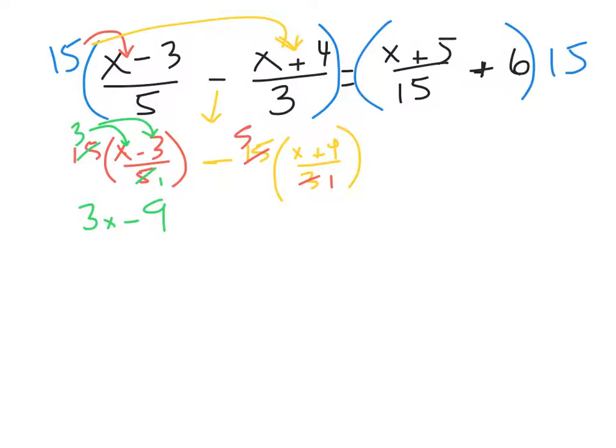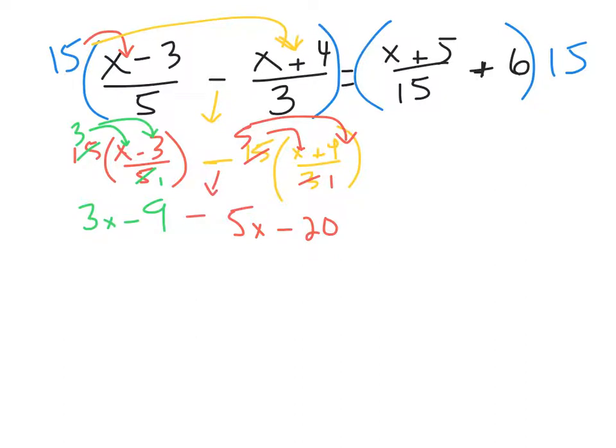So 5 times x would be 5x, and then negative 5 times 4 would be negative 20. So that's why this would be minus 5x minus 20. That's what I would get on that one.